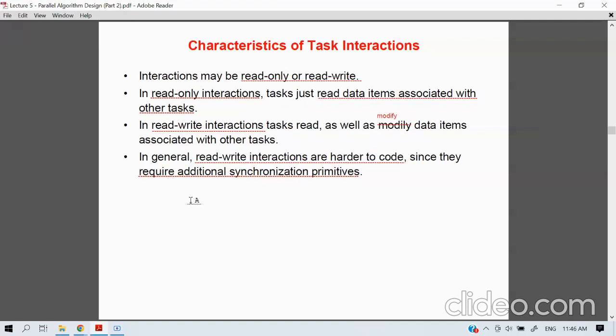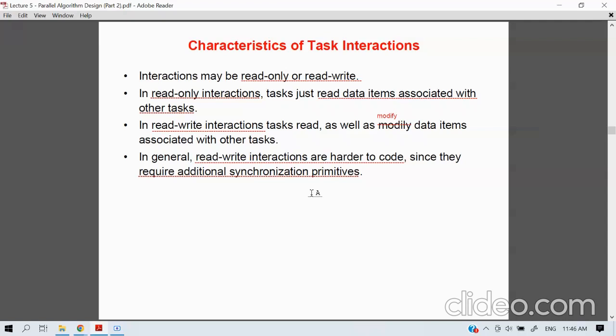In general, read-write interactions are harder to code since they require additional synchronization primitives. You need to imagine that when you only read the data from task 1 to task 2 or another task, you just read, you do not write or modify the data in that task. So it is quite simple to write the code.